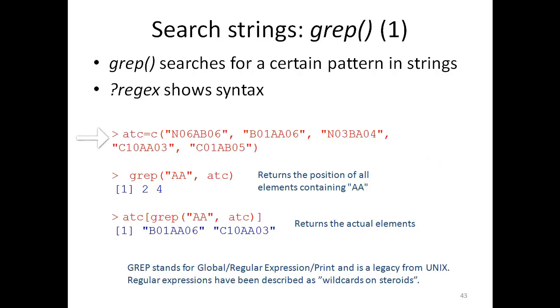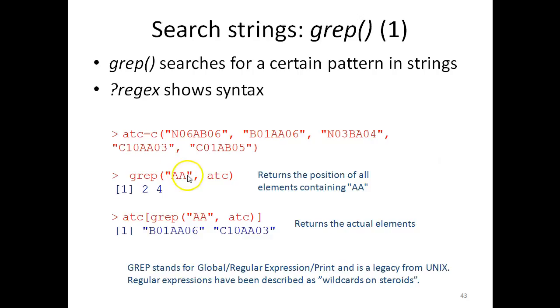We have the character vector ATC containing 5 ATC codes, and then we want to look for elements within this vector containing the pattern AA, that is 2 capital A's after each other. To do this, we write grep, then we start with the pattern we're looking for, which is sort of the other way around compared to a lot of R commands.